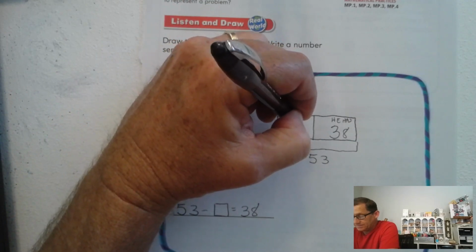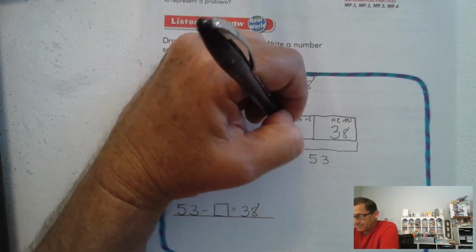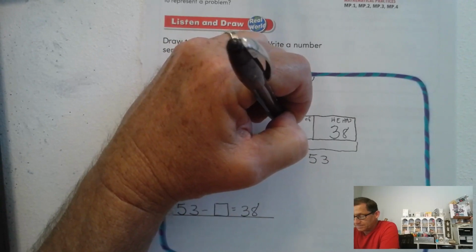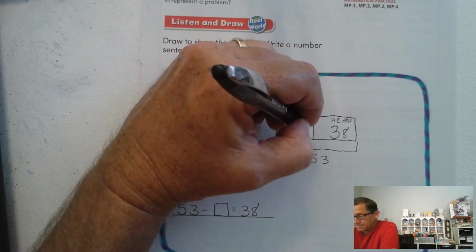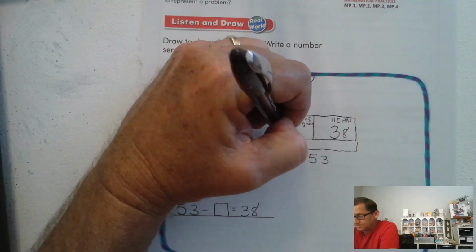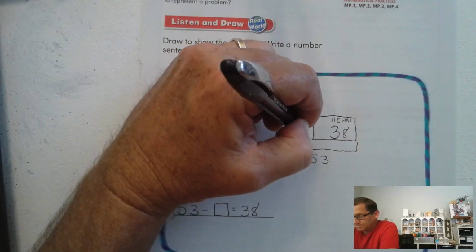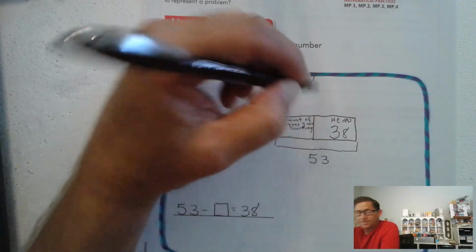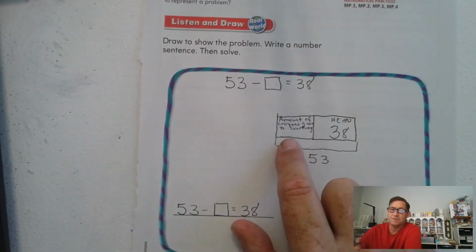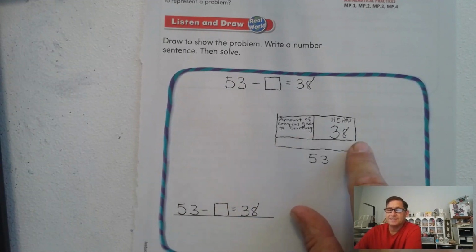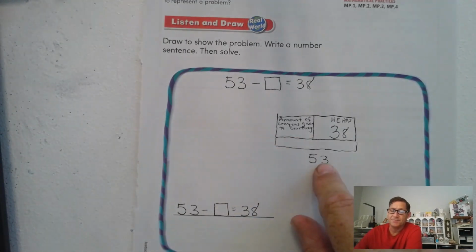So I'm going to, just for a note to myself, this box here is going to be the amount of crayons given to Courtney plus the amount that he still has to add up to 53.